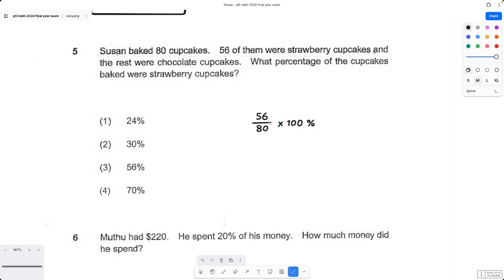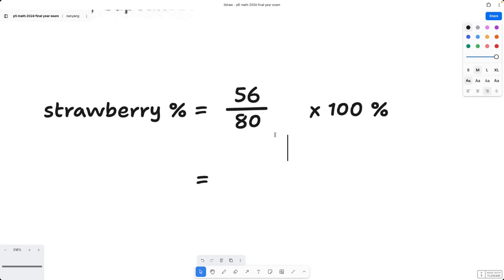What we can do is divide this by 8. So for the strawberry percentage, 56 divided by 8, and then we divide 80 by 8 as well.